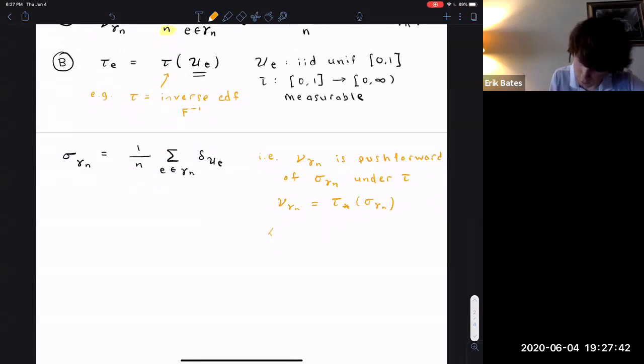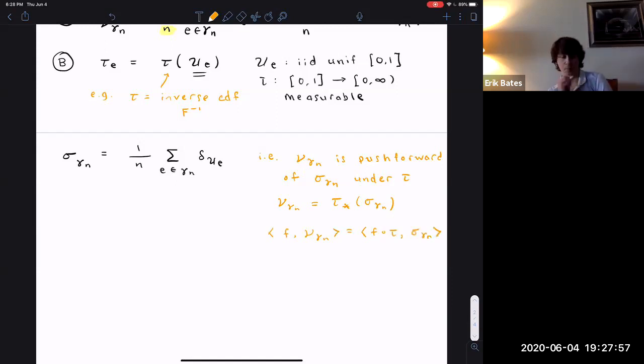Again, just to make sure we're all clear, what this means is that if I want to integrate the test function f against nu gamma n, that's the same as integrating the test function composed with the map tau, that is, against sigma gamma n. So I can go back and forth.